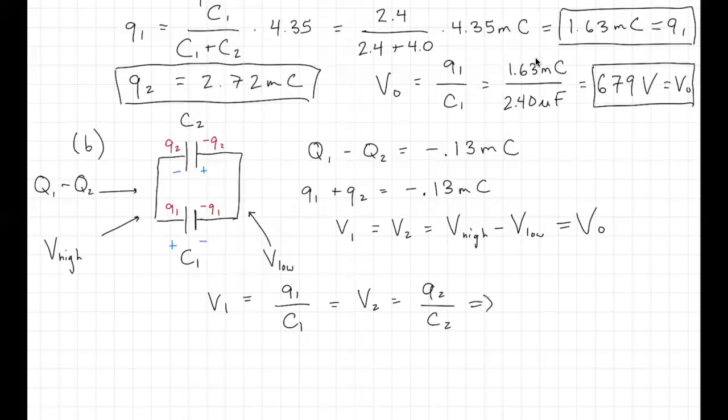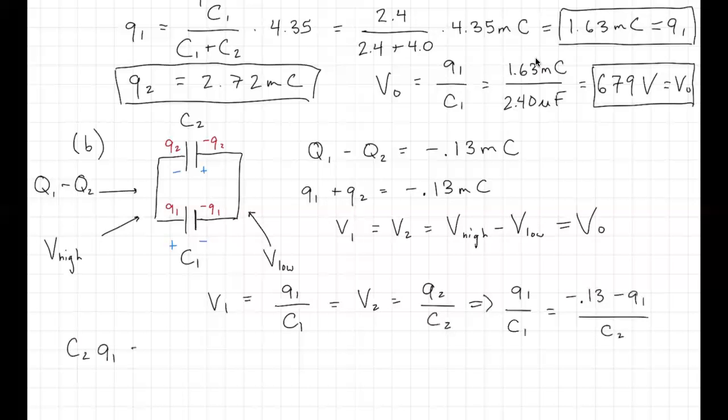So working through a similar process, Q1 over C1 equals, now Q2 would be minus 0.13 minus Q1, over C2, replacing Q2 there.